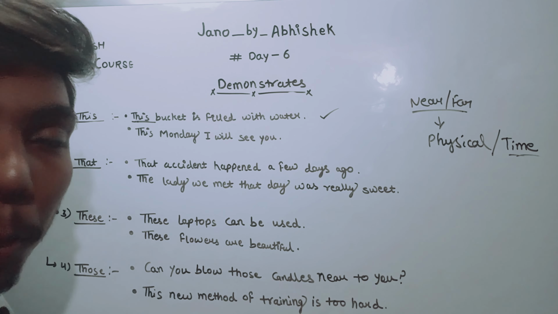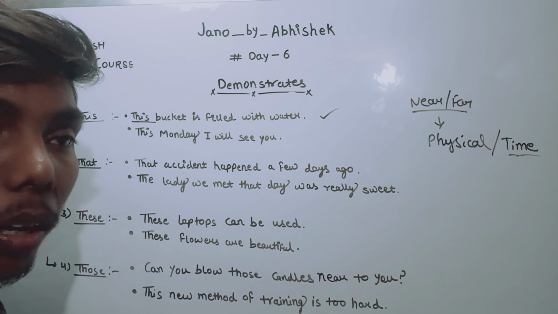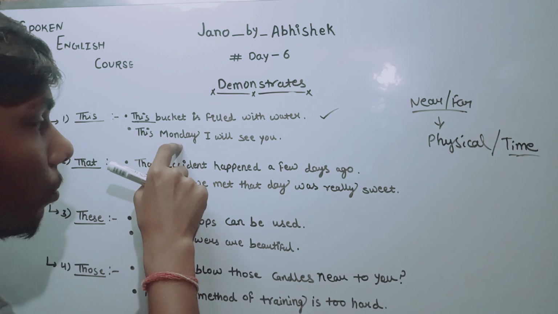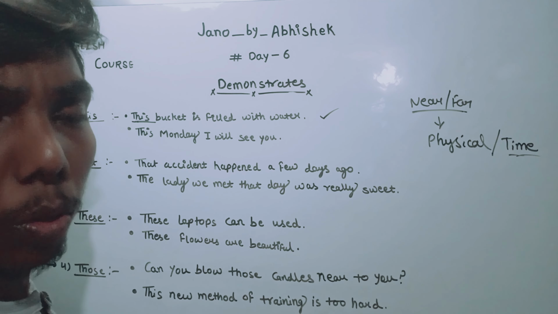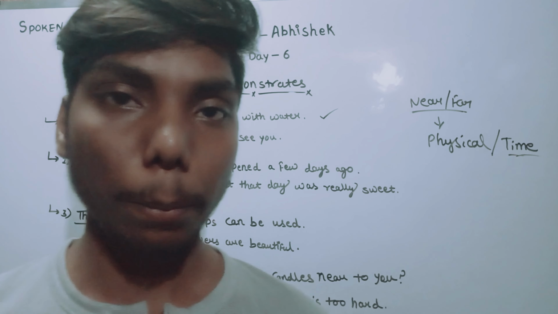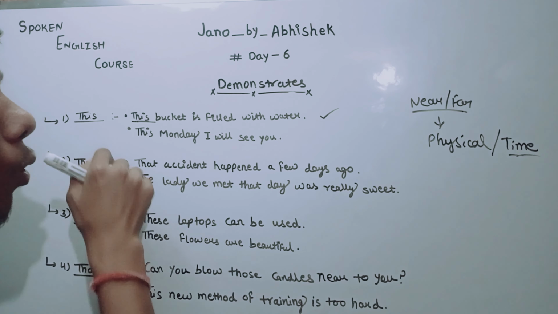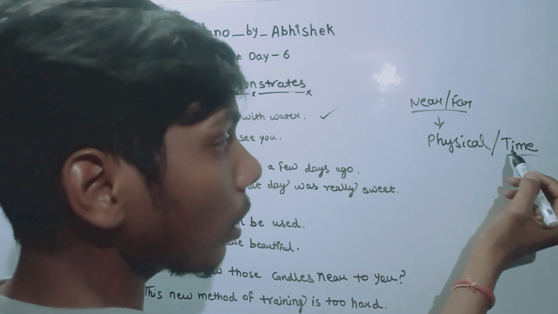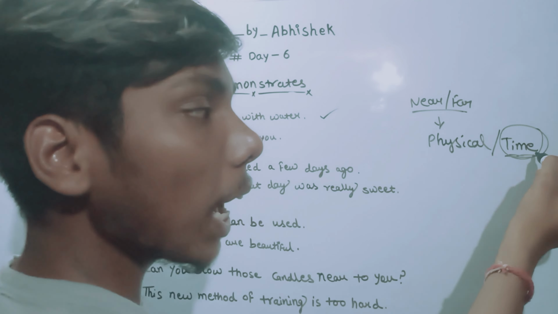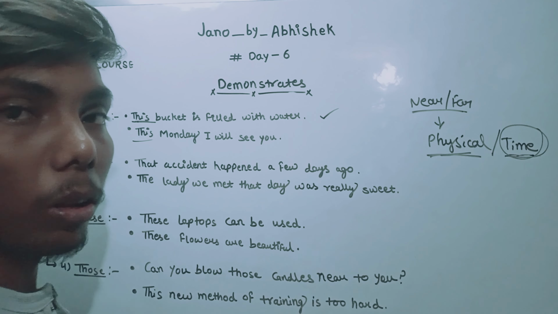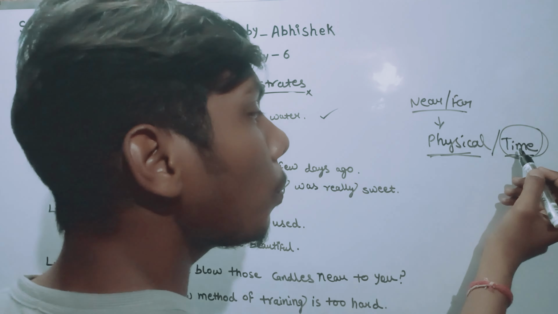There is no other Monday in between. After Friday, after 2 3 days, Monday will come. So this Monday I will see you means I want to say which Monday, the one which is just going to come. So we also use these words for what is far in time, not just in physical form only. It can also be in time form.